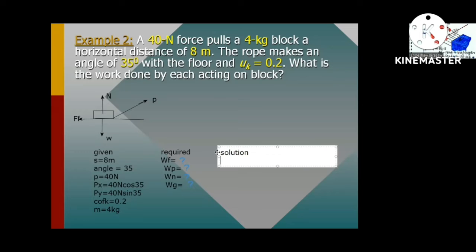Work done is equal to, so the general formula, work done is equal to F S cos theta, that is 35 degrees.